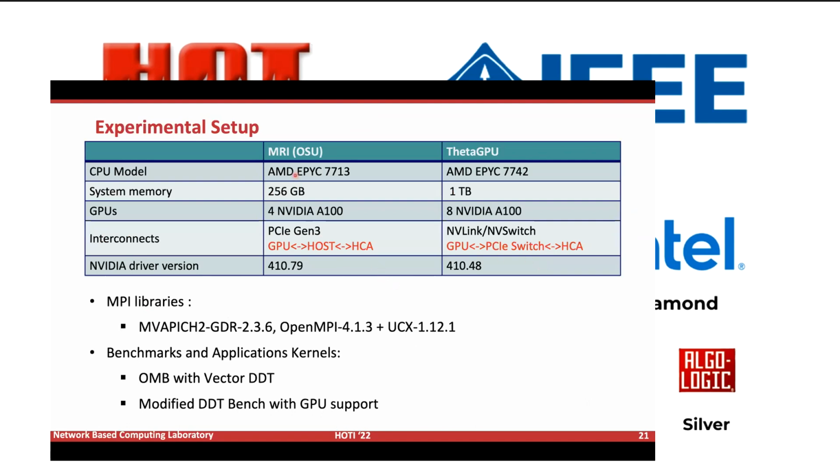We have performed our evaluations on 2 different clusters, one is MRI and the other is the Theta GPU cluster. The libraries that we used for comparison were MVAPICH-GDR 2.3.6, OpenMPI 4.1.3 and UCX 1.12.1. These were the latest libraries at the time of our development.